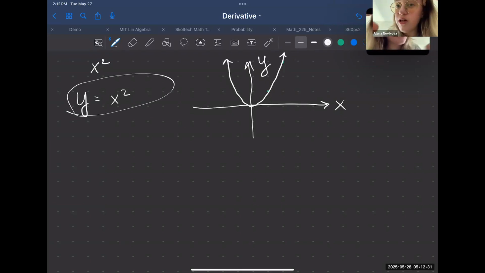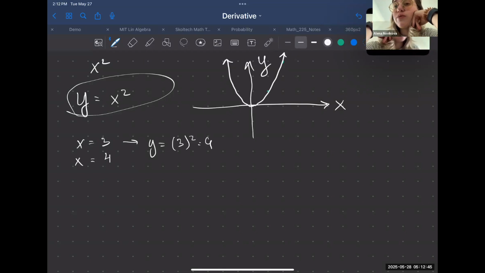In this case, when x is equal to 3, then y is x squared, so it's 3 squared, so 9. And then when x is equal to 4, y is actually 16. So in this case, for a unit change in x, y grows by 7 units.